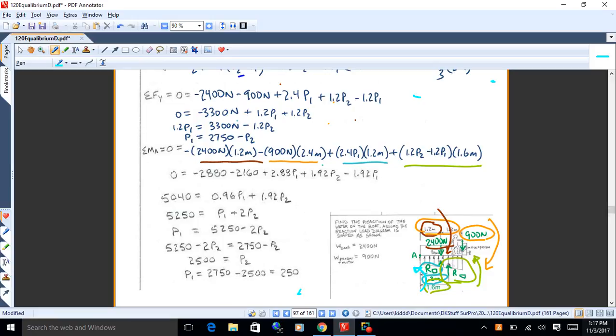So then you can go ahead and solve for P1. And I did all the algebra underneath because it's a little onerous writing all that stuff down. So I just collected terms, set everything equal to 0, ran through and solved for P1 and P2 there. 5250 is P1 plus 2P2. And then I've got the expression there for P1.